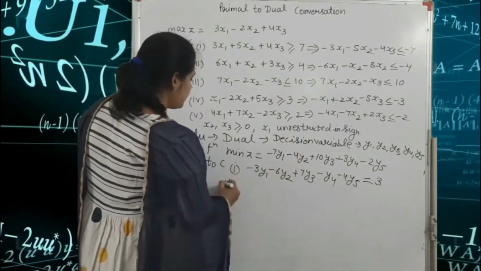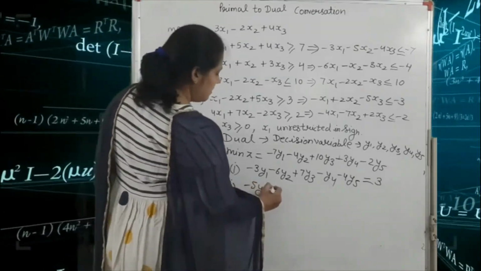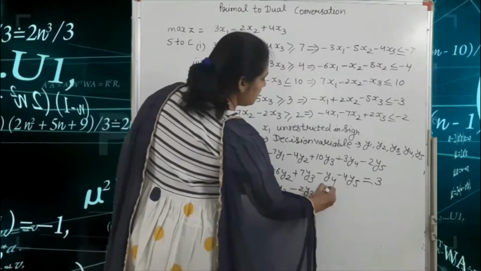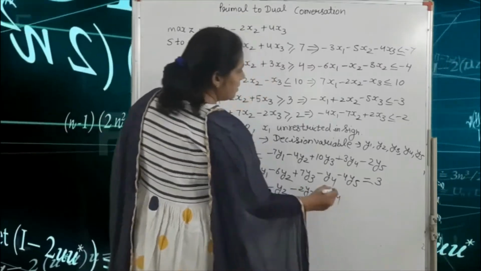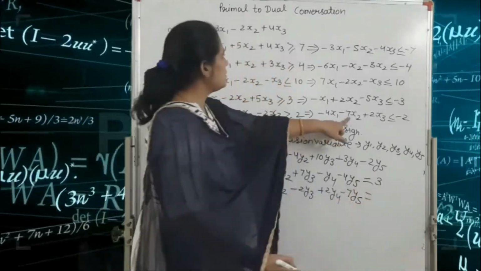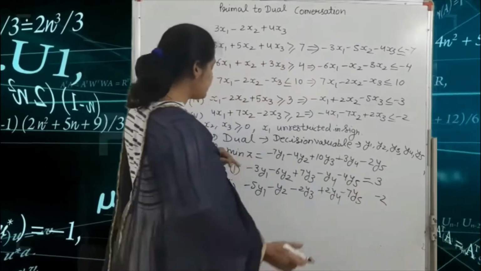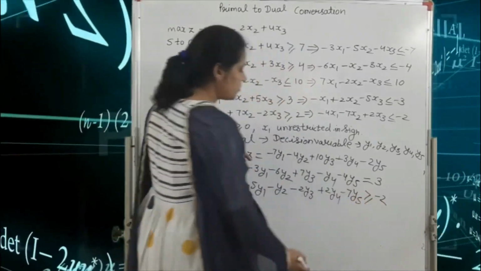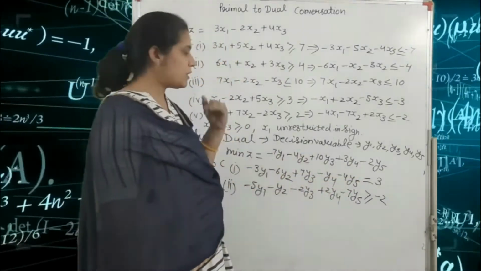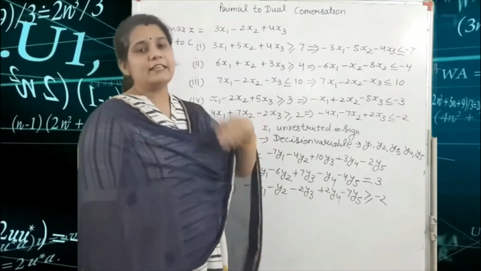Okay, your second equation is what? Second equation is minus 5y1 minus y2 minus 2y3 plus 2y4 minus 7y5 is equal to minus 2. Okay, and here we write the greater than equal to type format. Here we write the equal to type because your x1 variable is unrestricted in sign in the primal.